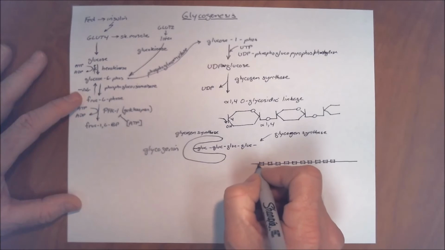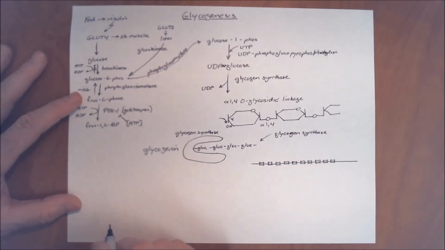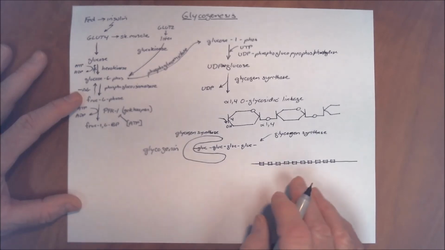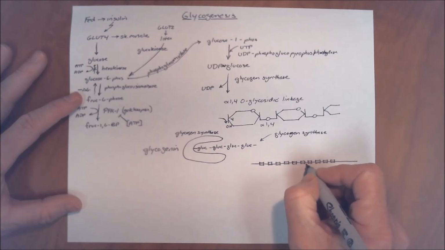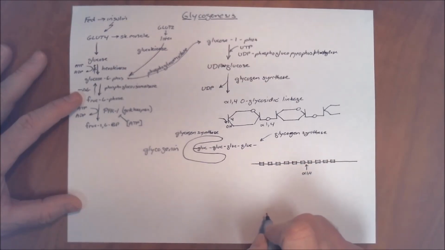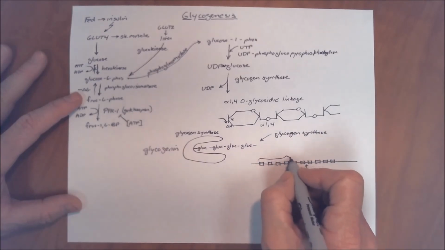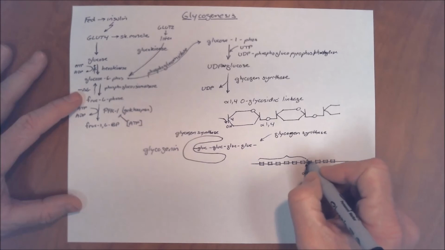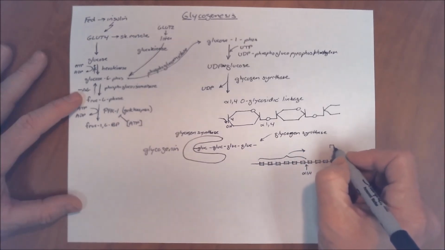If this is the number 4 carbon, we only have one end of the growing polymer to add to. Well, this is very inefficient, so what we are going to do is hydrolyze an alpha 1,4 linkage, and we are going to take this unit and move it to form a branch structure.